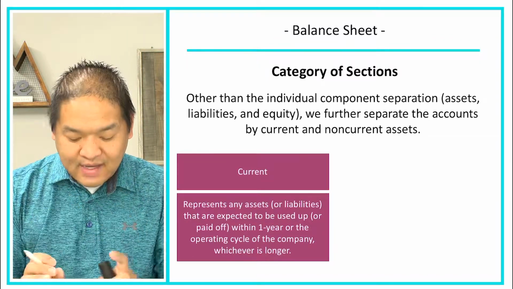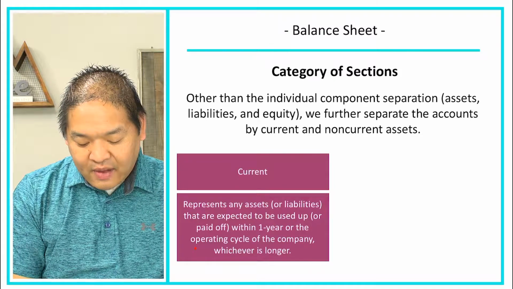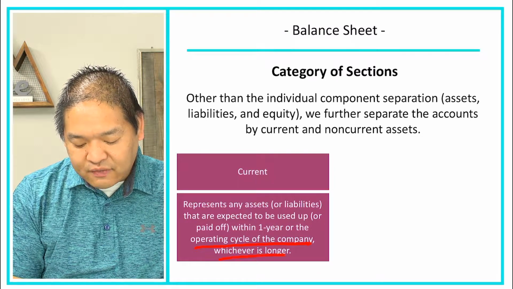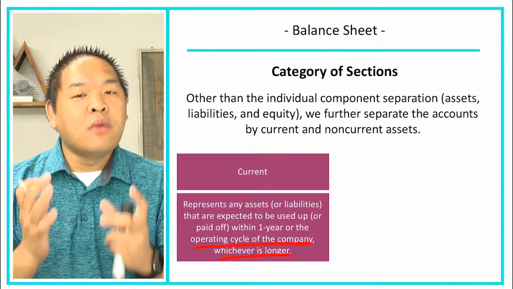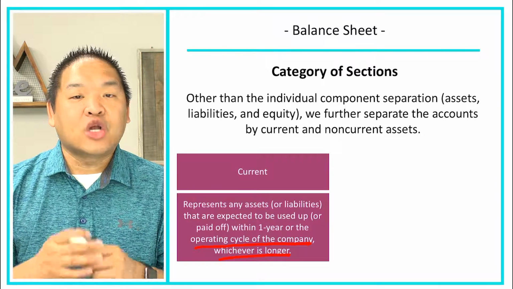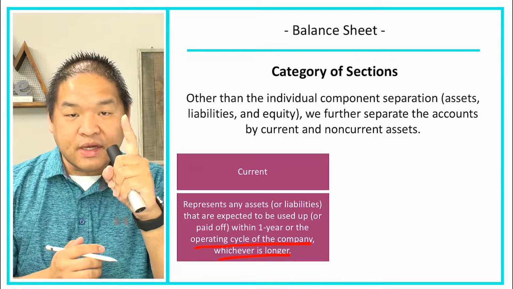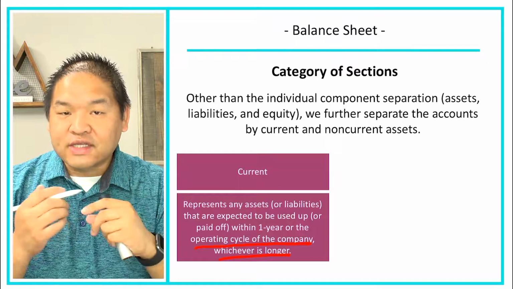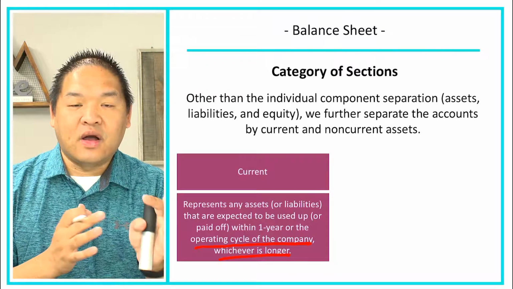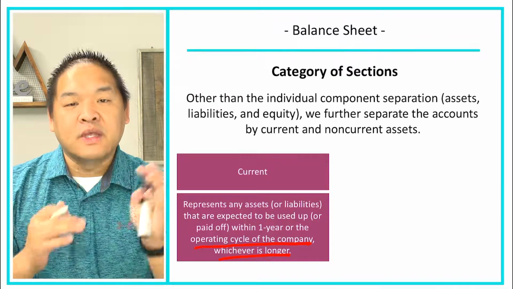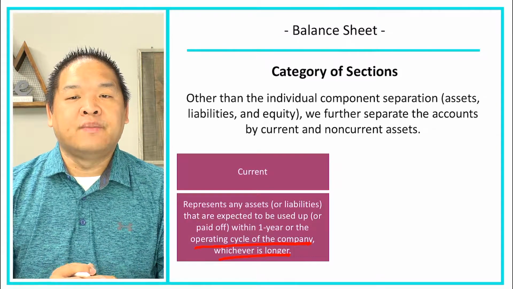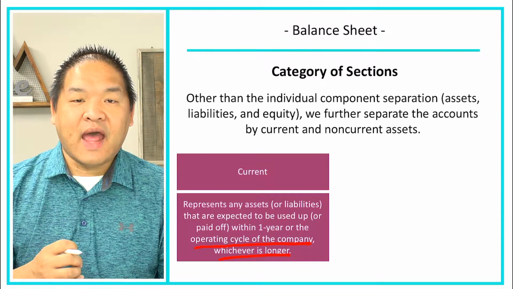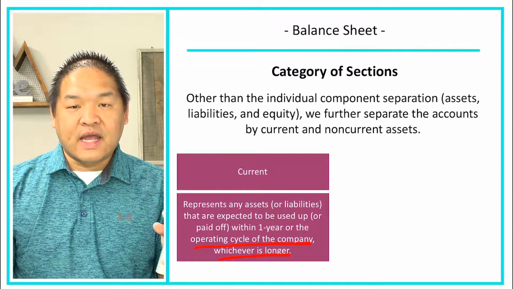Now let's talk about that second part of the definition here, the operating cycle of the company, whichever is longer. So for most companies, their operating cycle is 1 year. Because their operating cycle is really less than 1 year, we use the longer of 1 year or the operating cycle. So most companies will have 1 year. There are some companies that have a longer operating cycle. What do we mean?